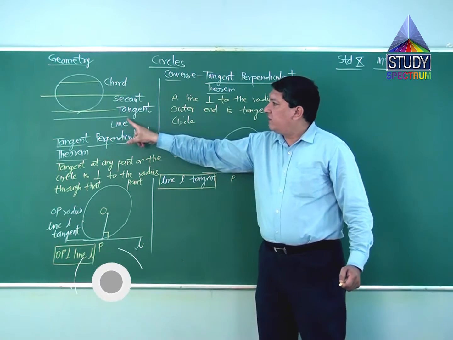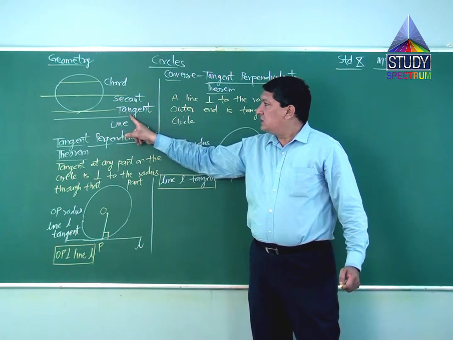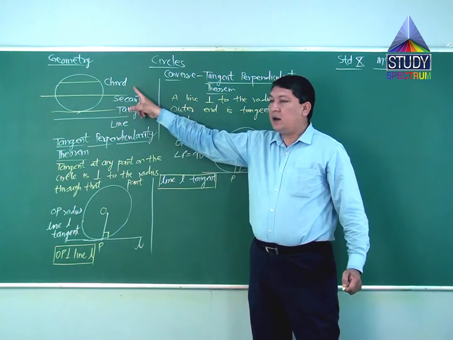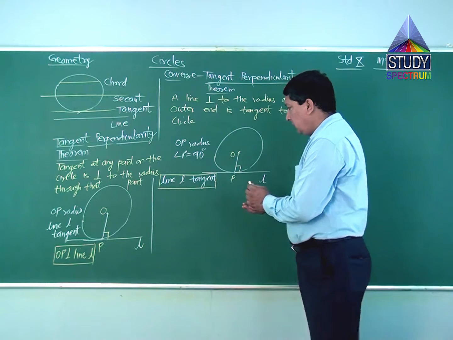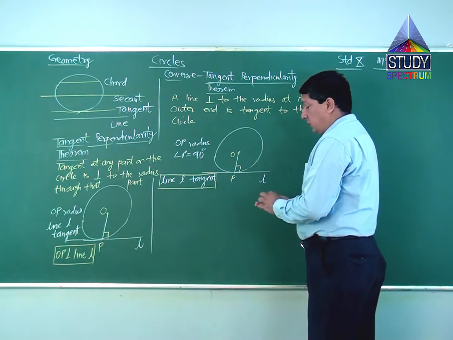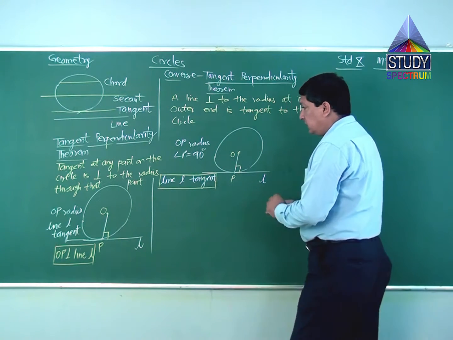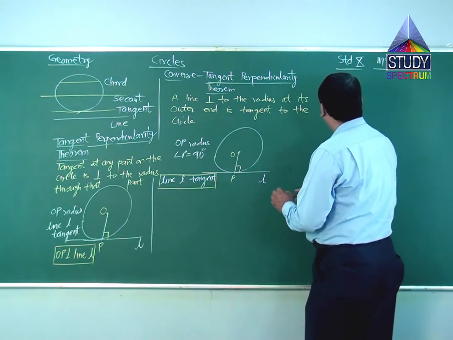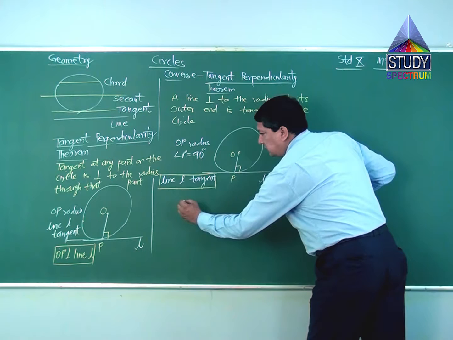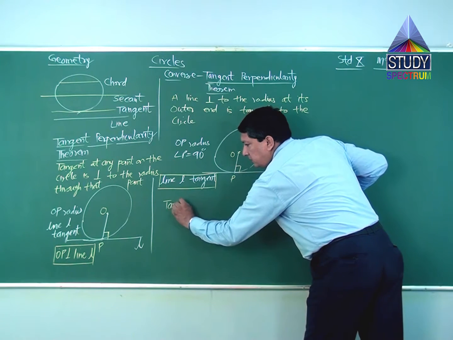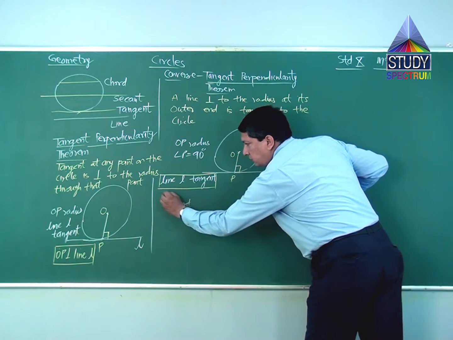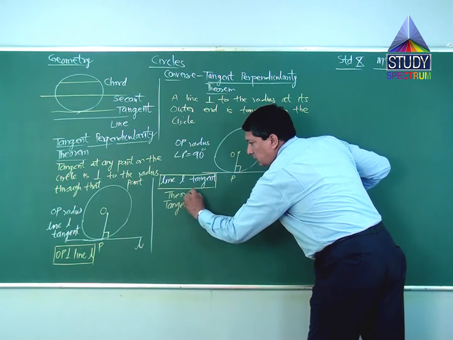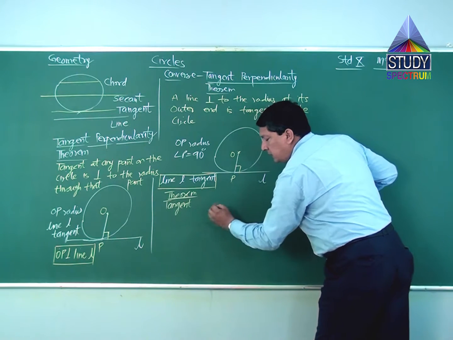Before that, we have understood the concept of tangent, secant and a chord. Now we'll do one more theorem. This theorem is, I'll write it down here. The theorem is tangent segment. This is a new theorem now, rather the third theorem of this chapter.